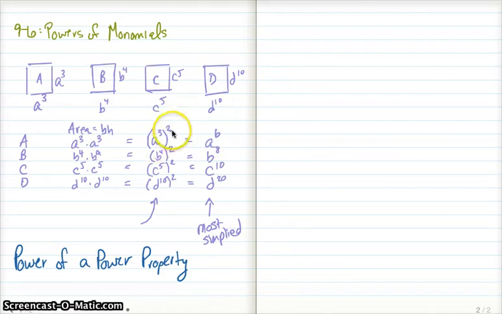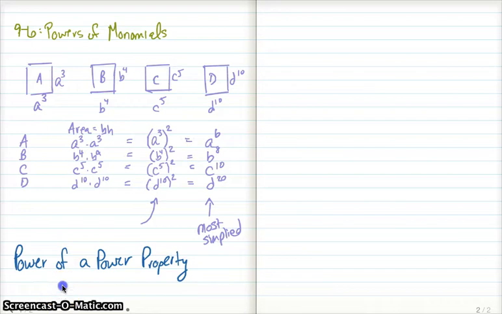So a cubed squared is really a to the 6th, or 3 times 2. b to the 4th squared is really b to the 8th, or 4 times 2, giving you the 8. c to the 5th squared is 5 times 2 is 10, c to the 10th, and d to the 10th squared is d to the 20th, because 10 times 2 happens to equal 20.